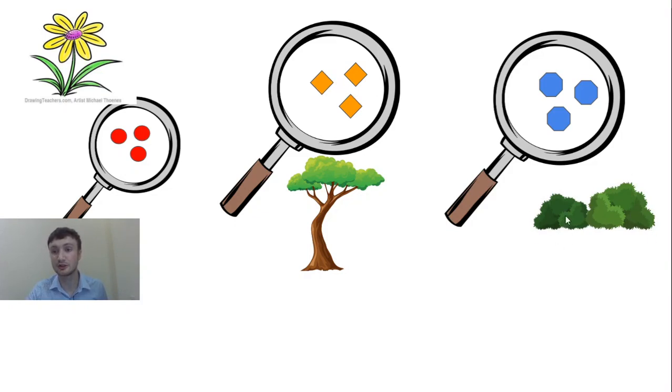And then this bush, Mr. Bush, has blue octagonal-shaped pollen. So pollen from different plants can look different. Okay, and pollen can also be fossilized. Like the dinosaur bones get fossilized and stay there for millions of years, so can pollen.